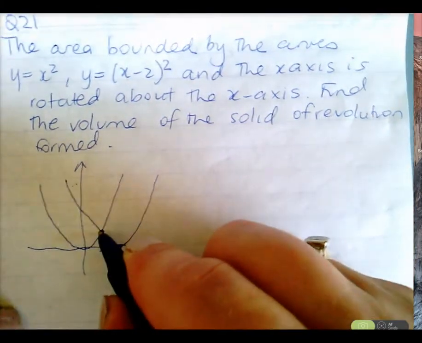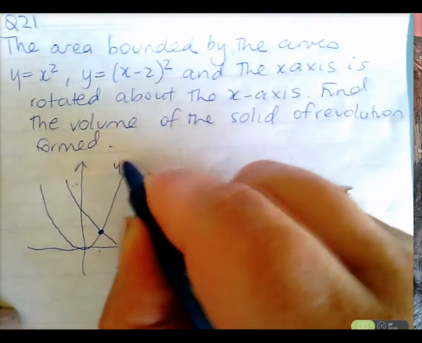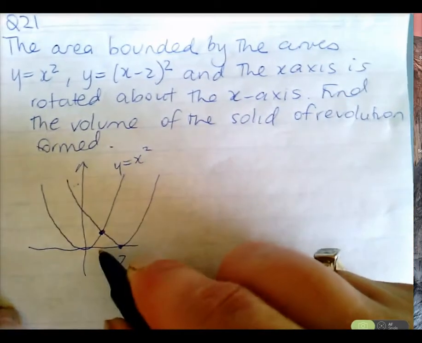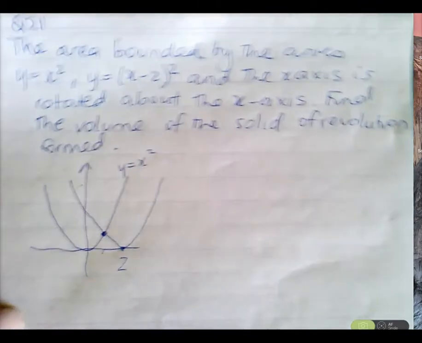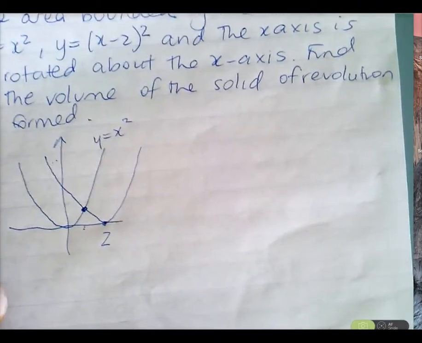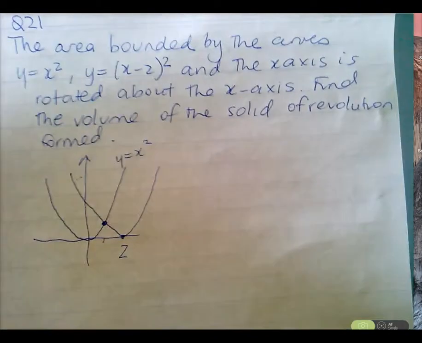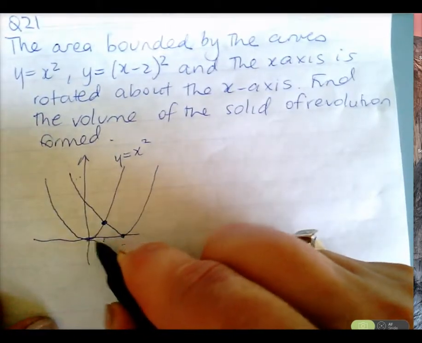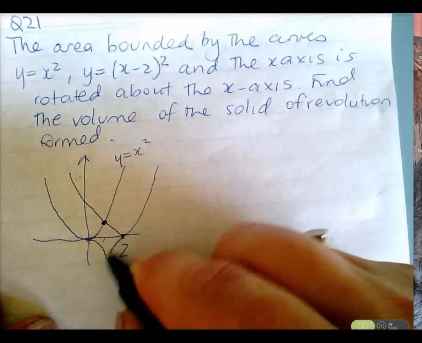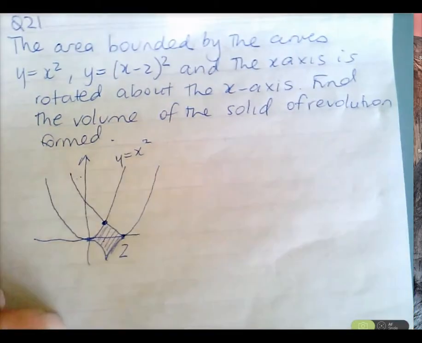When x is 1, y is 1 for this y equals x squared curve. And when x is 1, y is 1, point of intersection is 1. Now, if I zoom in on that, how is it rotating? That volume is rotated about the x-axis. So you just draw the mirror image in the x. You'll end up with a solid like that.